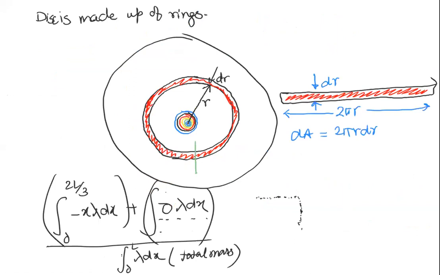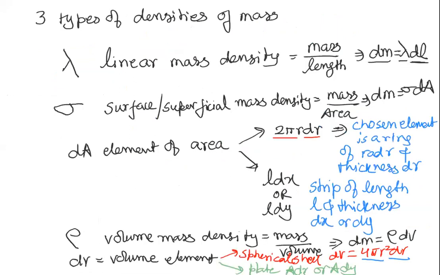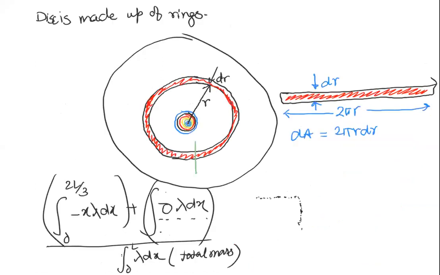कौन सा वाला प्रतीक्षा? Previous slide, ये वाला. हो गया? This is very important. Disk is made up of rings, and this is how you find a ring.